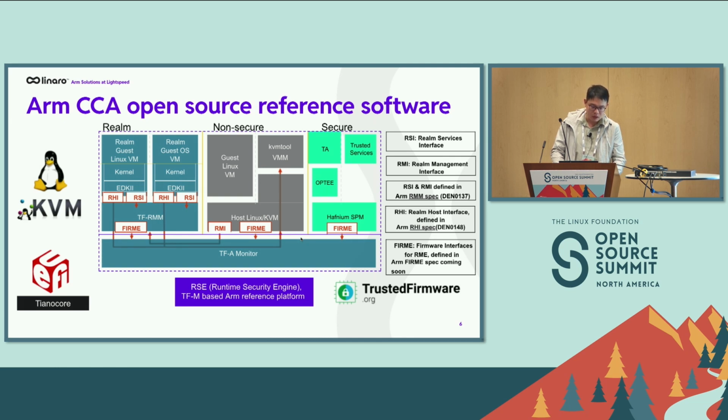And also the RMI interface, which takes charge of the interface between the hypervisor in the normal world and the realm in the secure world. ARM has also introduced a new firmware interface called FF-A, just defined recently, and there is currently no spec, but they commit that they will have a spec quite soon.